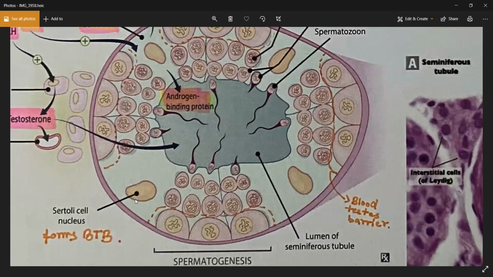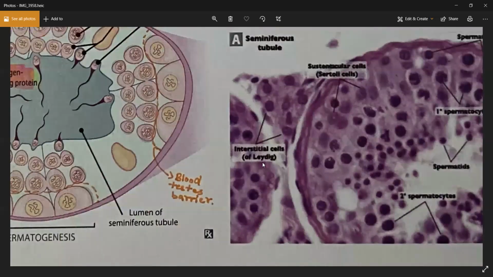On the Sertoli cells, you will have the spermatogonia that are present outside the barrier. After the barrier, inside it, you have the primary spermatocytes, secondary spermatocytes, spermatids, and finally the sperms. And the Leydig cells, where? Outside the seminiferous tubule, I told you, in the interstitial space. See here, this is one seminiferous tubule. Outside it, you have the interstitial space where you have the Leydig cells.